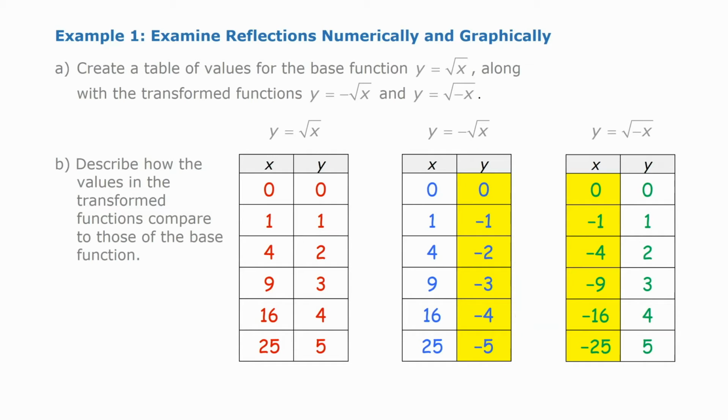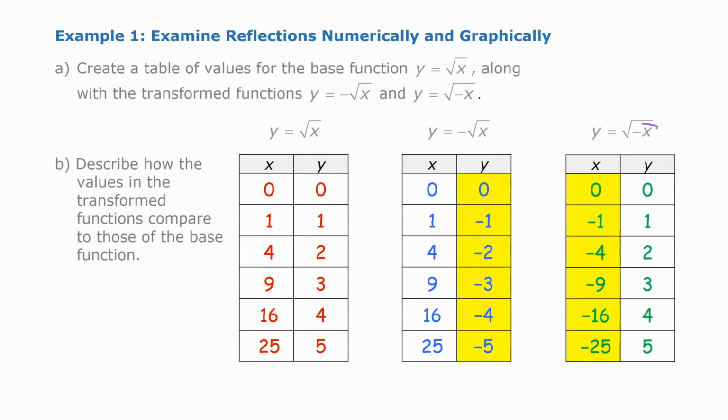Whereas in the second one here, you're changing the sign of the x value before you take the square root, because that negative is inside. This is replacing x with negative x. And as you can see, the reason I've highlighted the x values is because those are the ones that need to be different here. To get the same y values, you need to have x values that are opposite in sign.